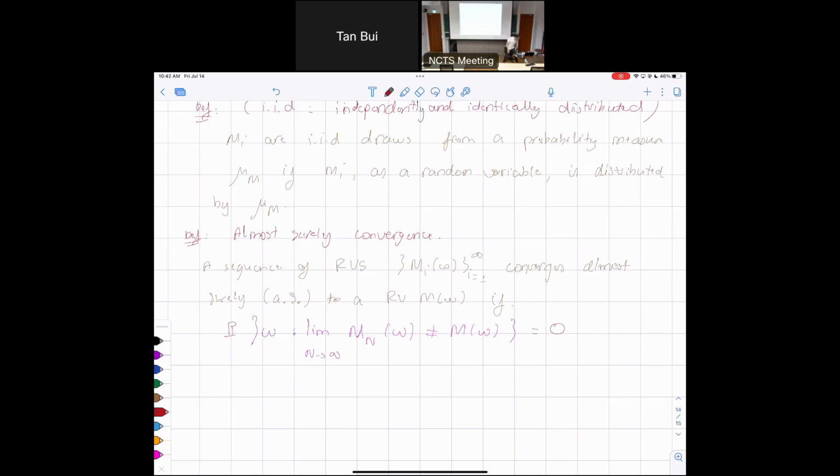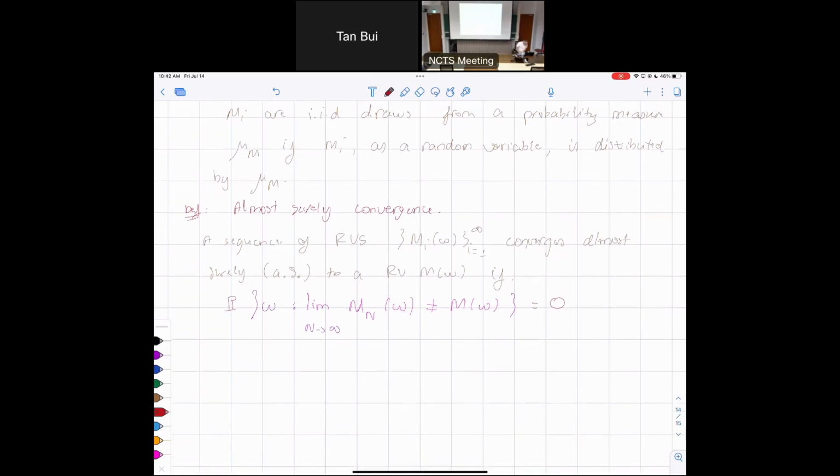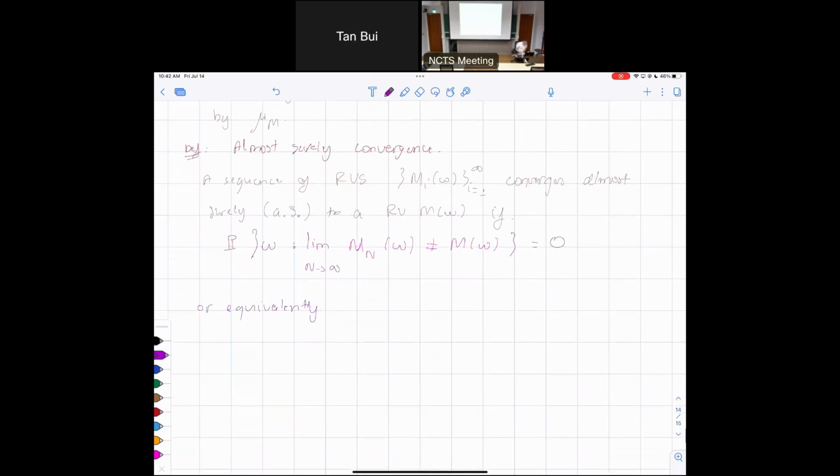Equivalently, if I take the limit, and that limit is equal to M(omega), and I collect the omega such that the limit of my sequence is equal to my function, and I measure the probability of that set, it will be equal to 1.